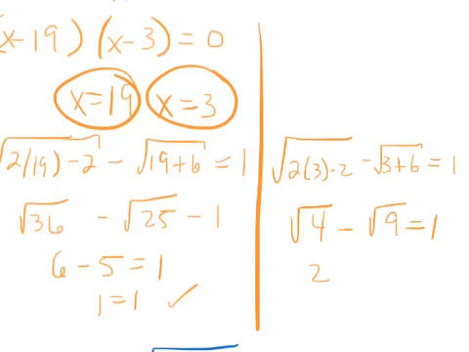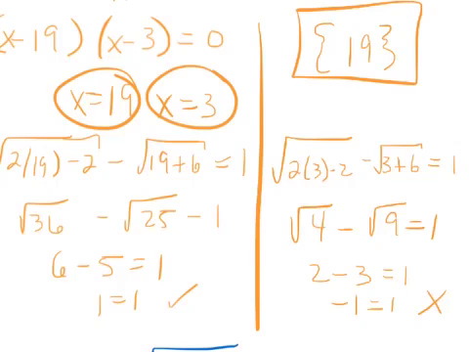So we're going to get 2 minus 3 equals 1. Is that true? No, this is not true. Here's our first example where we've had to reject one of our answers. It's very tempting to say it is true, because you see the 1 here and the 3 and the 2, and right away 3 and 2 think 1. But remember, it's 2 minus 3, not 3 minus 2. So what does our solution look like? Squiggly with only a 19 inside of it.